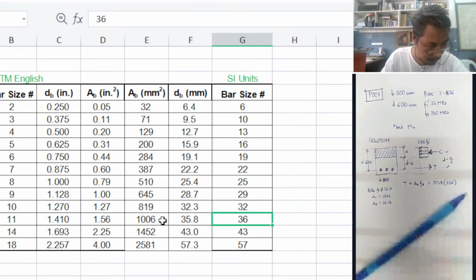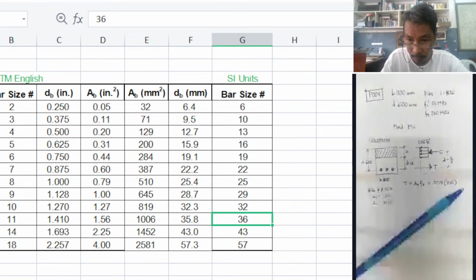If you multiply it, 350 multiplied by 3018.